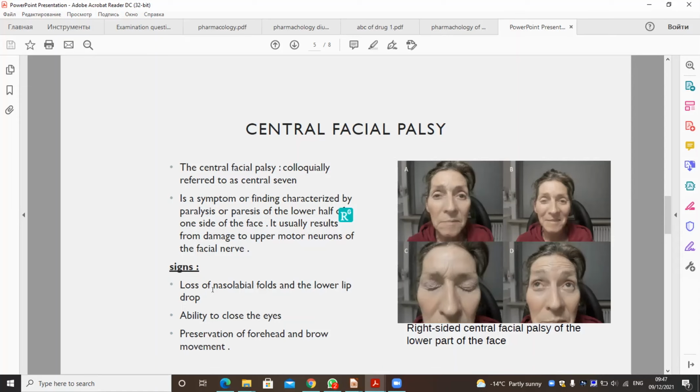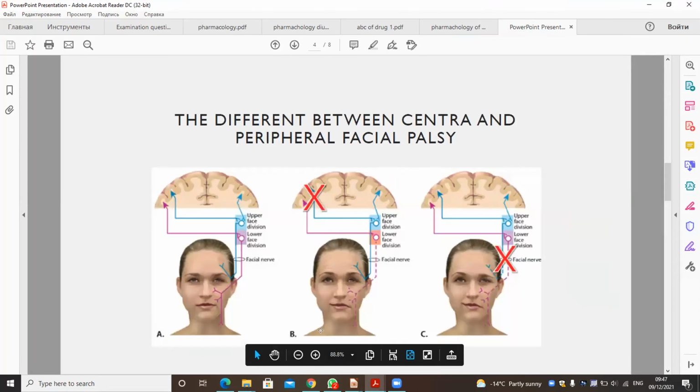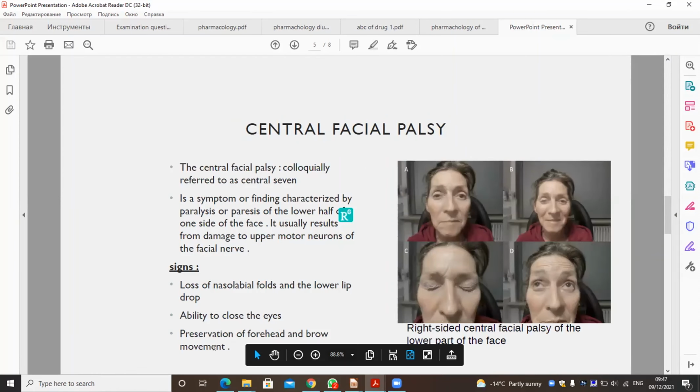There is loss of the nasolabial fold, drop of the lower lid, and difficulty closing the eyes, but with preservation of the forehead and brow movement, like I said in the previous picture. You can move your brows.